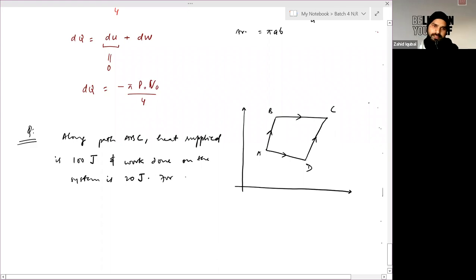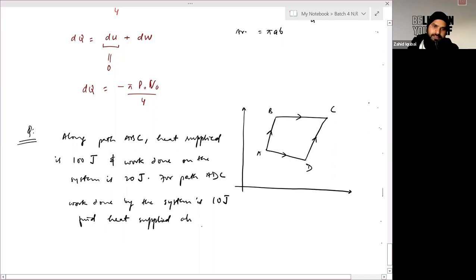For path ADC, work done by the system is 10 joule. Find heat supplied along this.